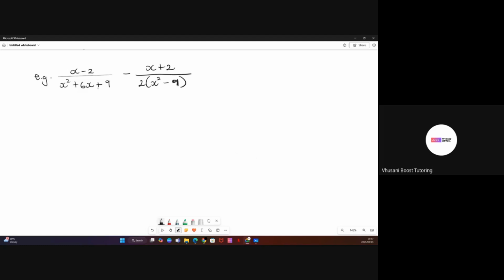Do you guys agree that we can simplify it? We can simplify it, right? So once we can simplify it, that's when we can find our lowest common denominator. And the problem with not simplifying this part, let me just tell you why you should simplify it.